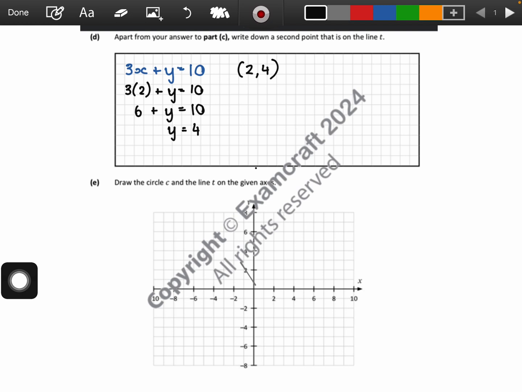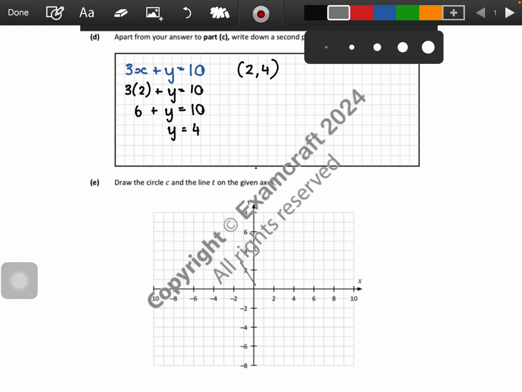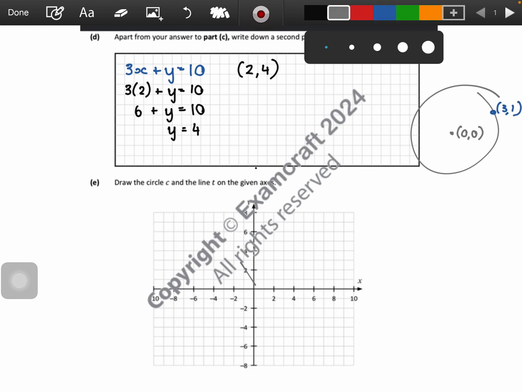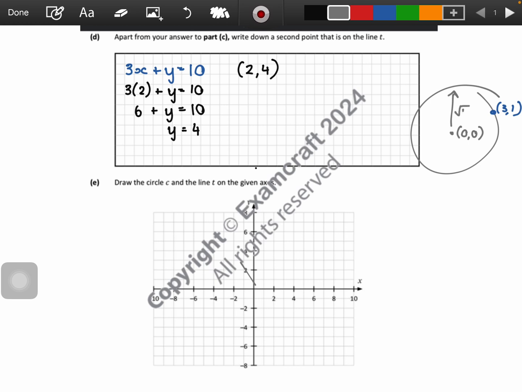Likewise, just as a little side note, if they had asked about the circle, we have our circle that has a center of 0, 0, and we already have found that the point 3, 1 is on the circle. So if they asked for another point on that circle, we could go straight up from the center, and the radius is the distance out, so square root 10, and we would have another point here, 0, square root 10.